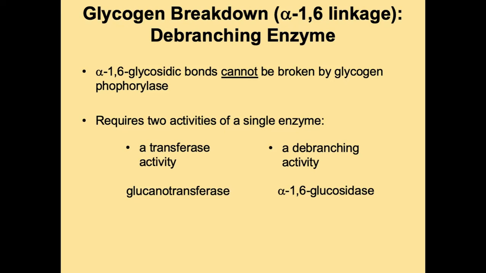This has two distinct activities, a transferase activity and a debranching activity, with slightly different names: glucanotransferase and alpha-1,6 glucosidase. The action of this enzyme leads to the release of a single glucose molecule. So the phosphorylase will generate glucose 1-phosphate, whereas the debranching enzyme leads to the release of a single glucose molecule.